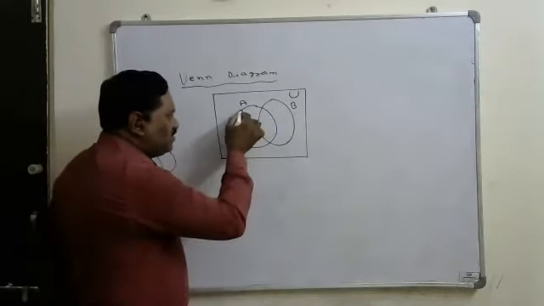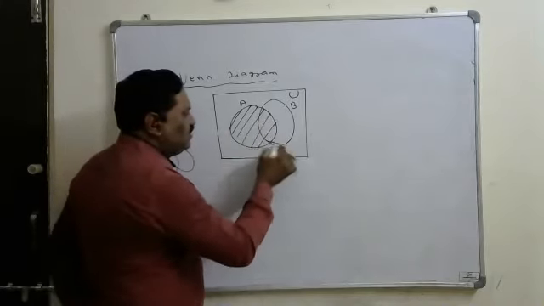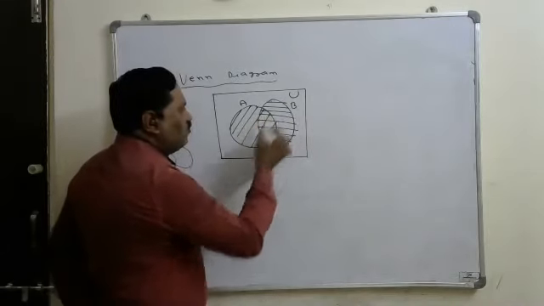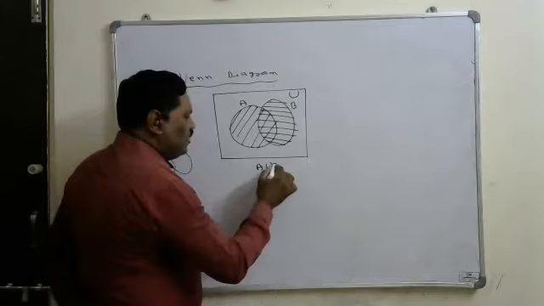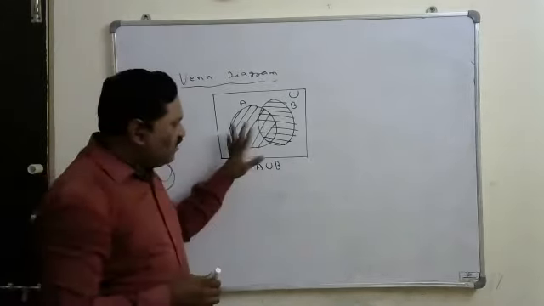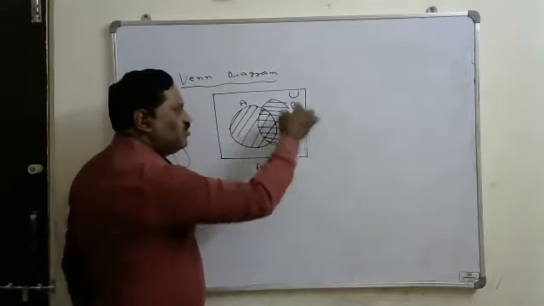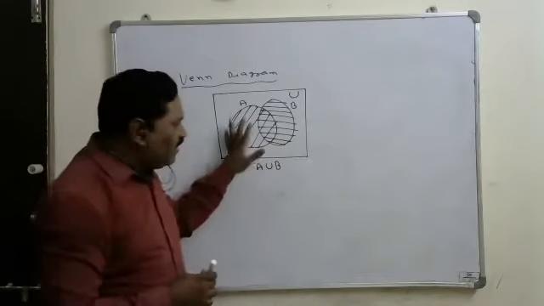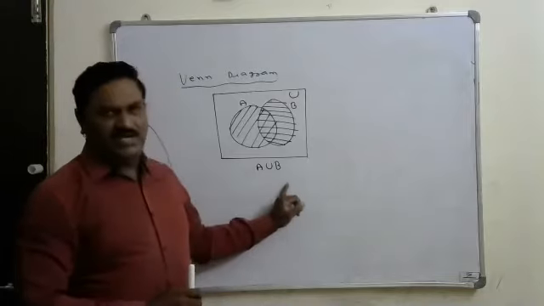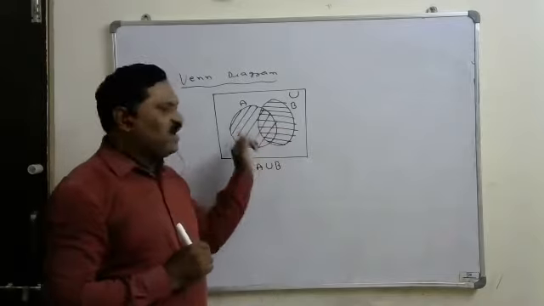If I consider this A area and this B area, this hashed area represents A union B. Those are the elements available either in A or in B, so this entire hashed area represents A union B.